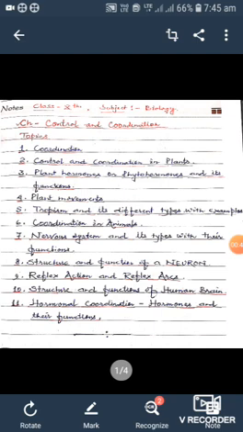At first, bhaiya, bahan, you have to know about control and coordination. What is control and coordination? Control means the power of restraint and regulation by which something can be started, slowed down, or stopped.